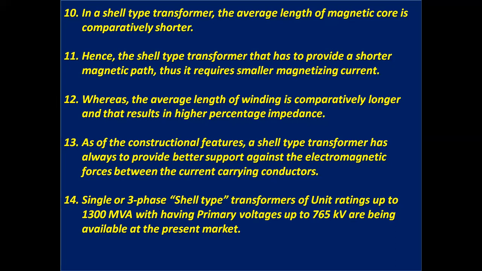As for the constructional features, a shell type transformer provides better support against the electromagnetic forces between the current carrying conductors. Single or three-phase shell type transformers of unit ratings up to 1300 MVA with primary voltages up to 765 kV are available in the present market.